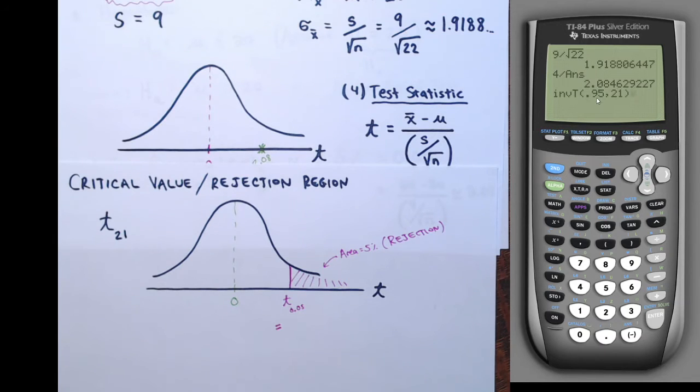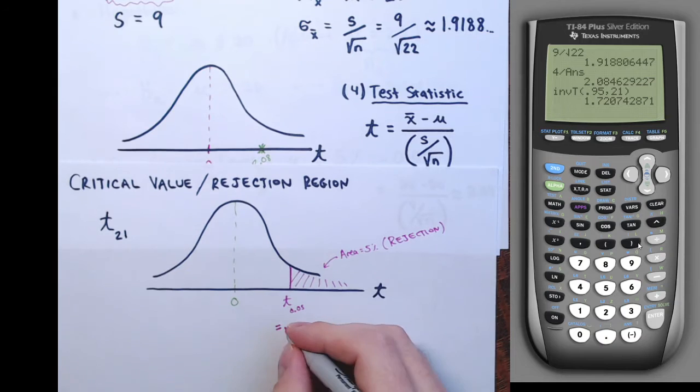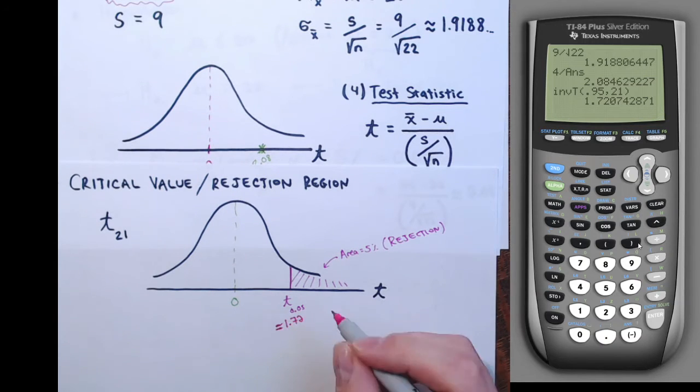Now if you have an older one, you're going to have to just enter this area to the left and then a comma and then 21. This is 1.72. All right. So this is about 1.72. All right. So the t-score that is the critical value, the entrance to my rejection region, is this value that's 1.72 standard deviations above the middle.